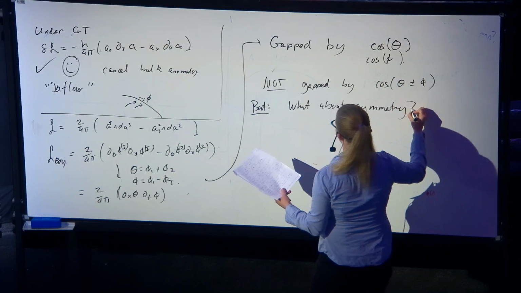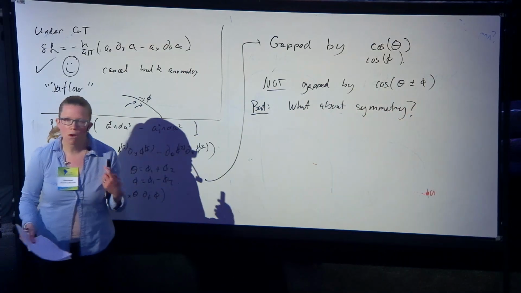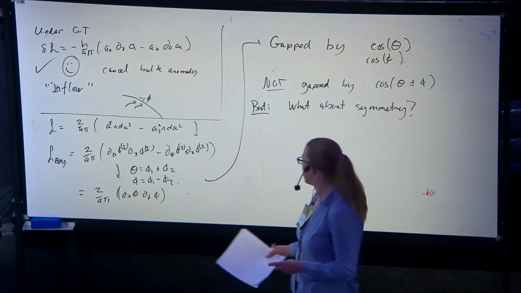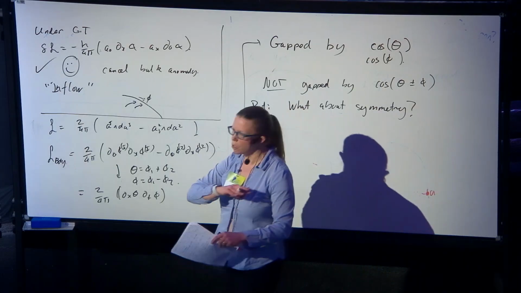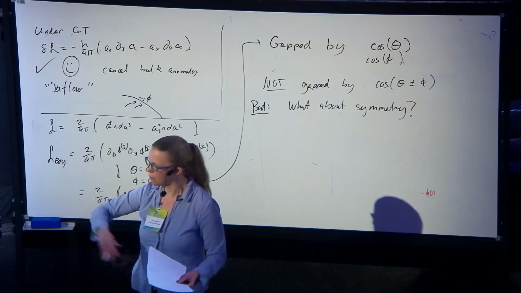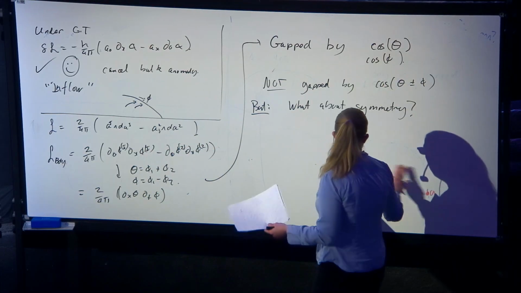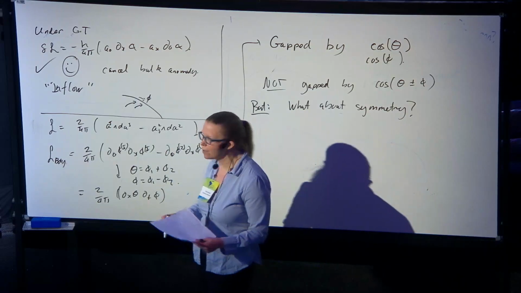Good. Okay, so this is a gappable boundary, but you can ask, what about the symmetry, okay? And I'm not going to go through the argument of how you actually figure out how the symmetry acts on this edge. Levin and Gu do this in their paper by basically working with an explicit spin model of the boundary in which they can figure out the symmetry action, and then identifying the lattice variables with the continuum fields here, okay?